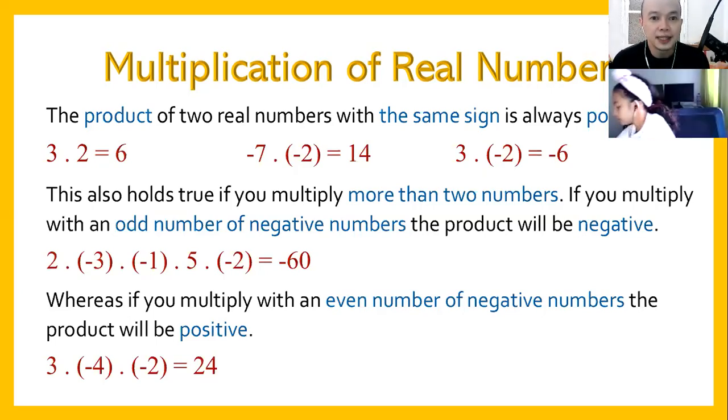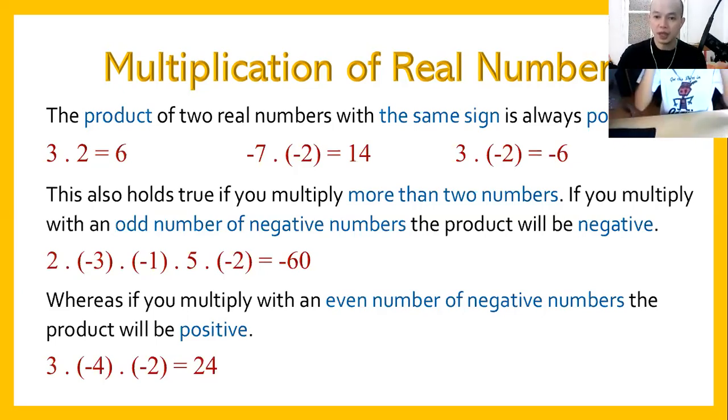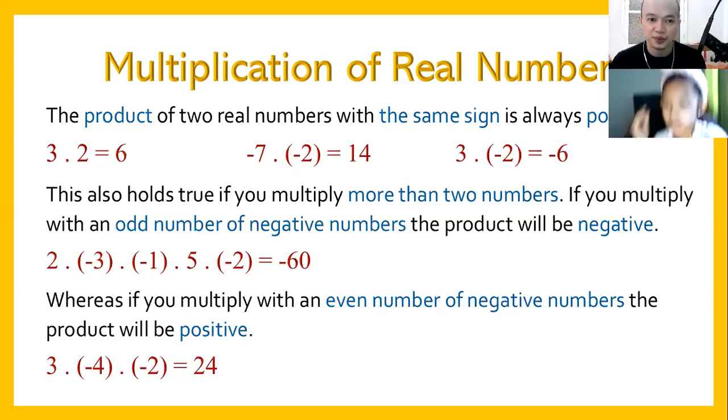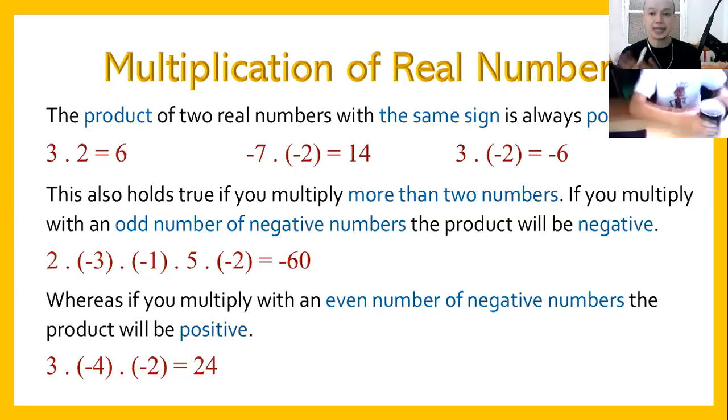Okay, let's get back. So it's clear that the rules in multiplication are clear, right, Crystal? Yes, clear. Okay, so again, if the numbers are of the same sign, positive. If the numbers are of different sign, negative.